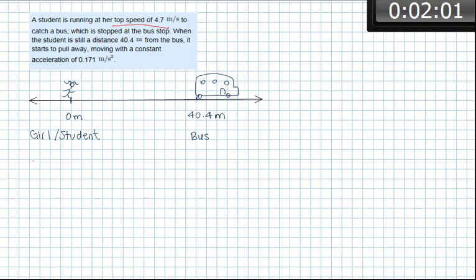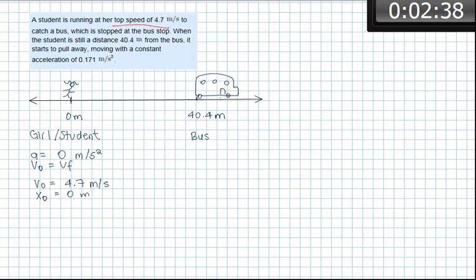So that implies her acceleration is 0 and her velocity is constant because the acceleration is 0. So velocity initial is equal to velocity final, and her velocity is 4.7 meters per second. We also know her x initial is 0 meters, because she's right there trying to catch this bus.